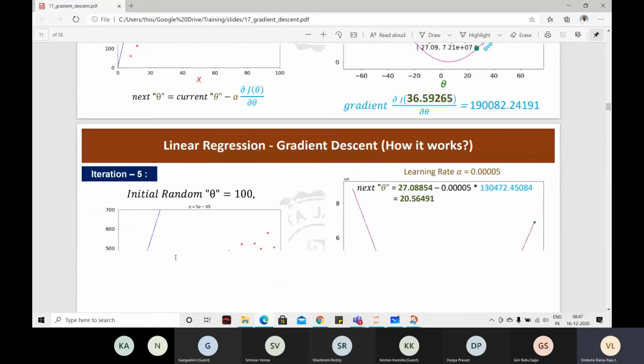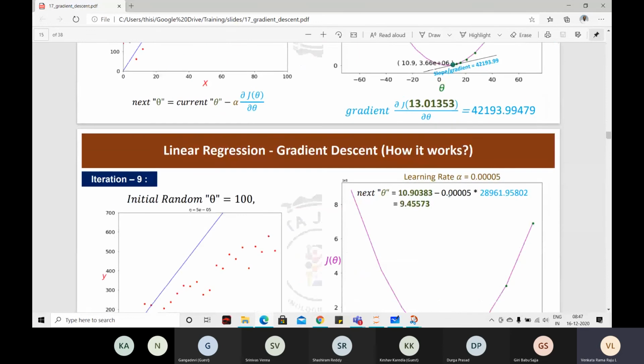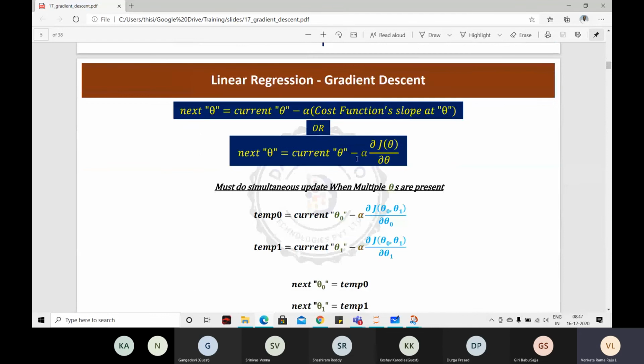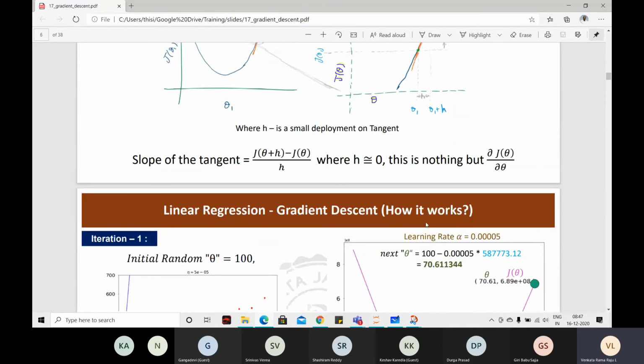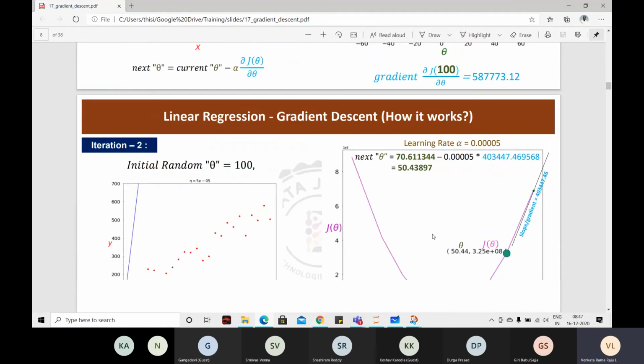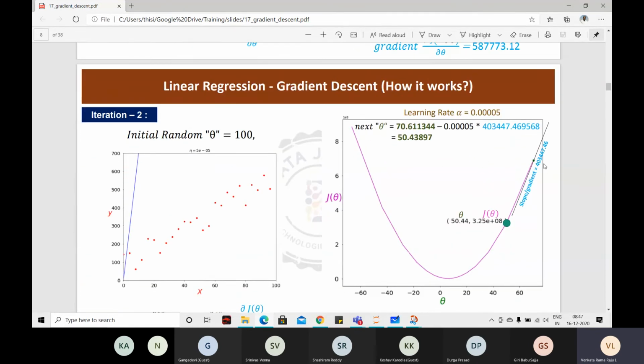Now let us look at this constant, this alpha. In this formula, I have to explain only one thing, that is alpha. I need to move the theta in the direction of the slope. So I need to subtract the slope from the current theta.